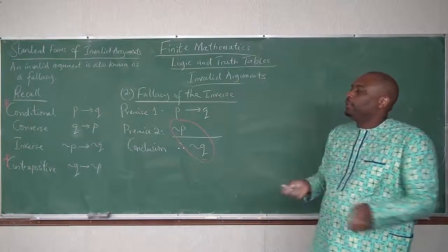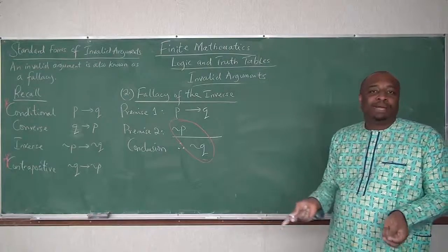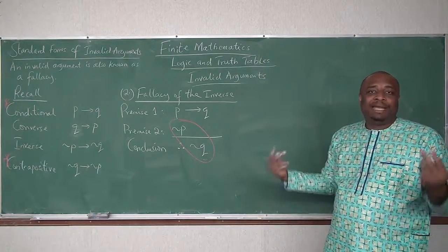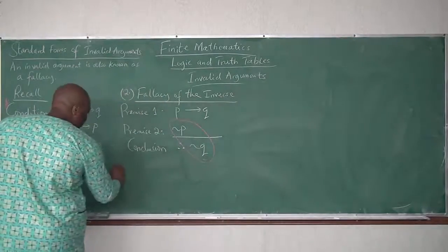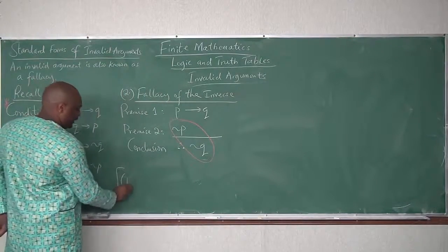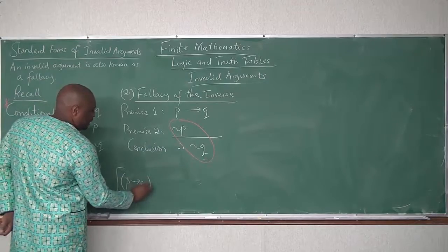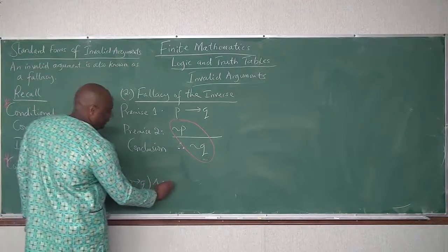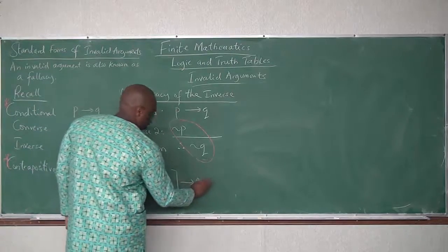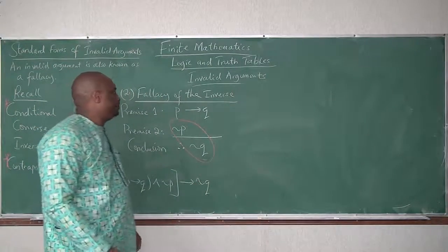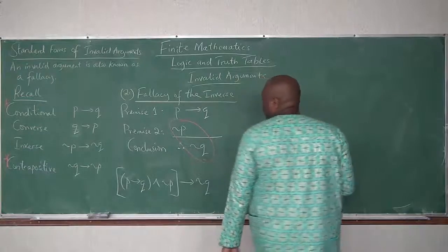Okay, so the next thing for us to do now is to use those two methods to determine that it is invalid. So let's use the first method: premise 1, which is P implies Q, and premise 2, not P, then implies conclusion, not Q. Let's draw the truth table for this.